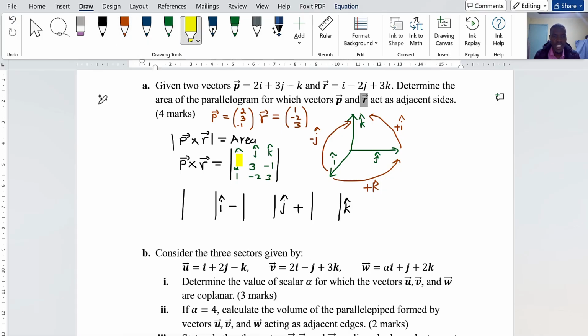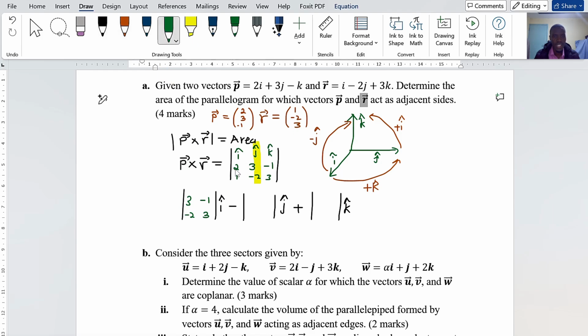When you want i, you ignore i. Now, when you ignore i, the matrix that remains is 3, -1, and then -2, and 3. You can see 3, -1, -2, 3 for i. Now, if you want j, you close j.